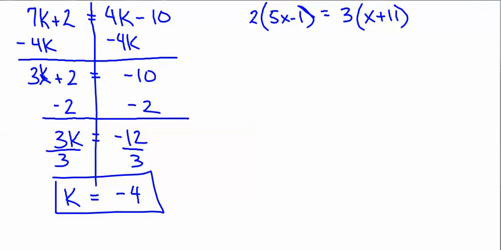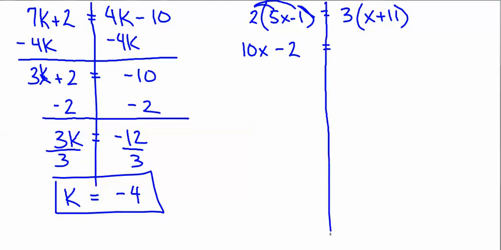Alright, so that's 2 times 5x, which is 10x. And that's 2 times negative 1, which is negative 2. It's 3 times x, which is 3x, and it's 3 times 11, which is positive 33.